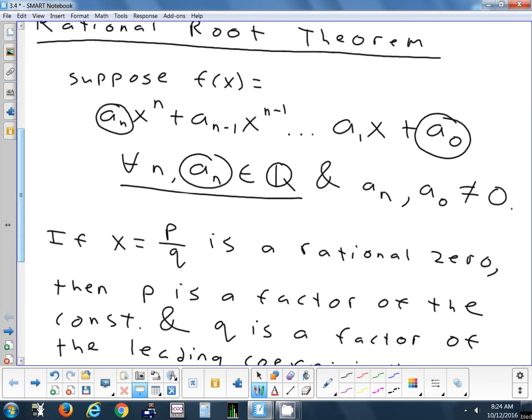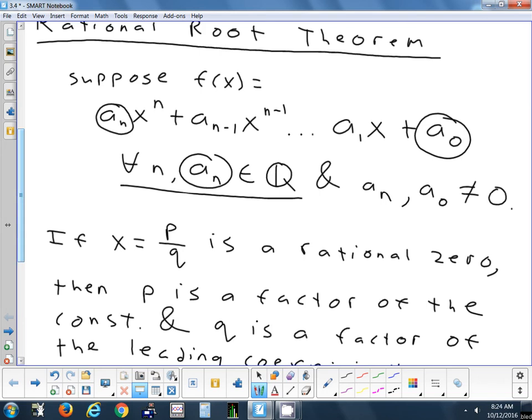Now what this theorem does is it gives you a list of possibilities. I'm not saying that every single possibility here is going to be a root. This theorem gives you a list of options, and then you can use your graphing calculator to try to figure out which ones in that list of options work and which ones don't.